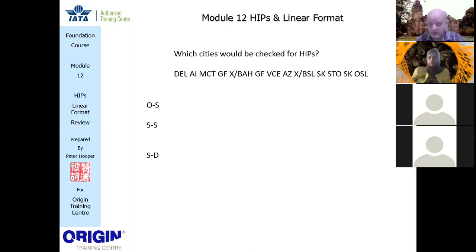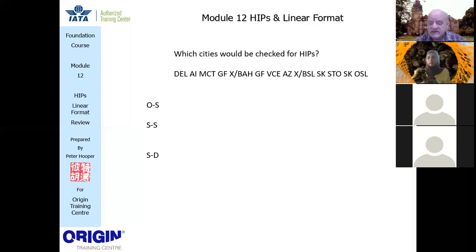We're going to work out which cities I would check for HIPs. Now, what's the origin? Delhi. So I would check from Delhi to each stopover point.